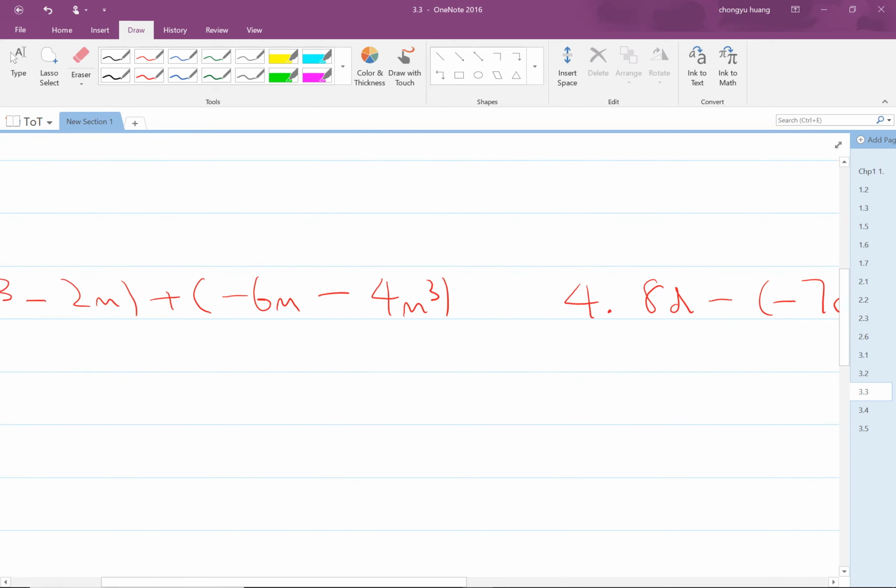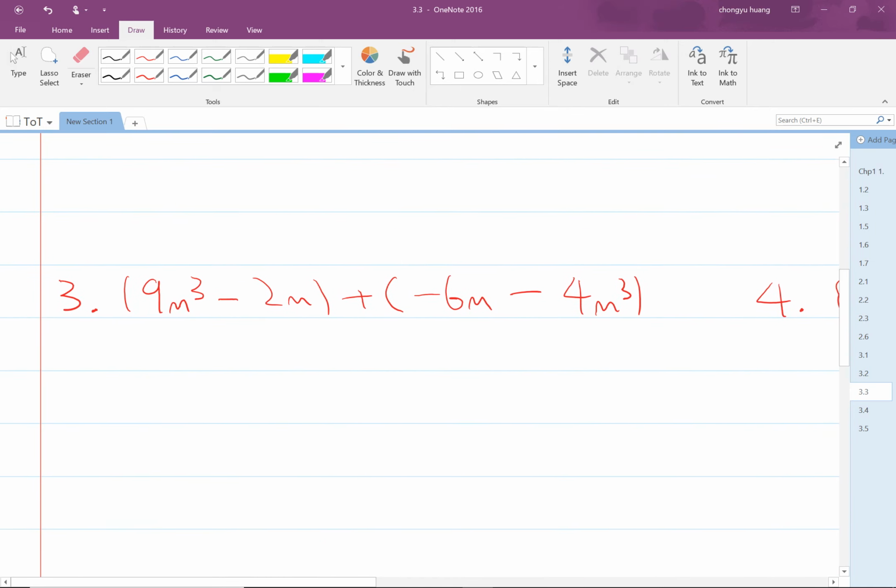Alright, let's move into question 3. Again, we have to take the terms out of the brackets in order to do the addition and subtraction. So we have 9m to the power 3 minus 2, and then plus minus 6m, so it just becomes minus 6m.